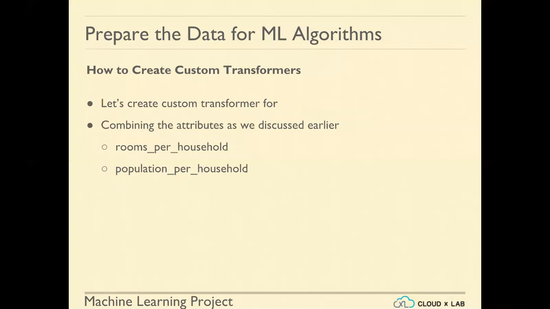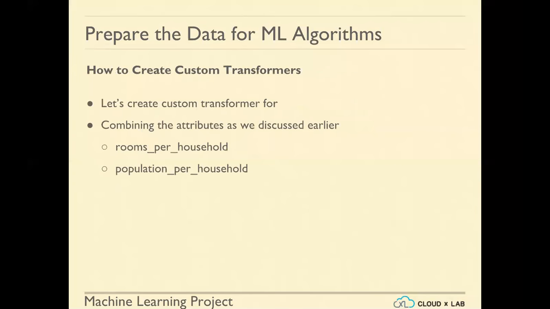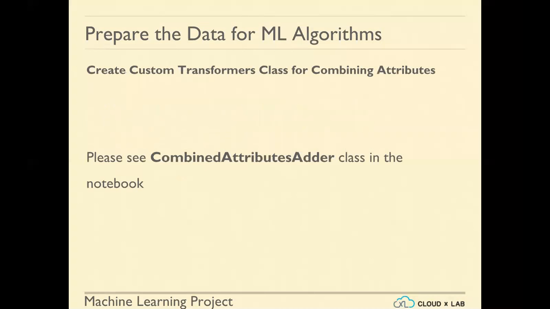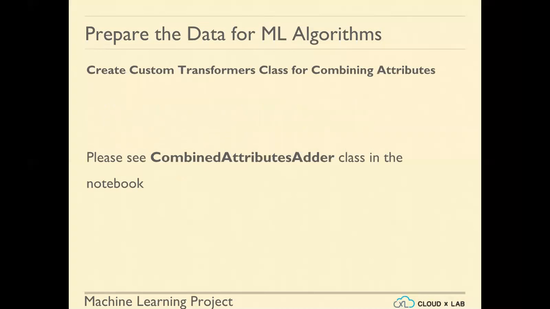So we can create one single function to do both things, adding the attributes and then cleaning up the data. So we'll show you that. We are just defining this combine attribute adder. You can take a look at it. It is a useful thing to do, but not really a must.